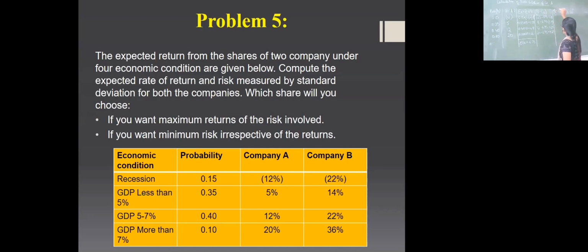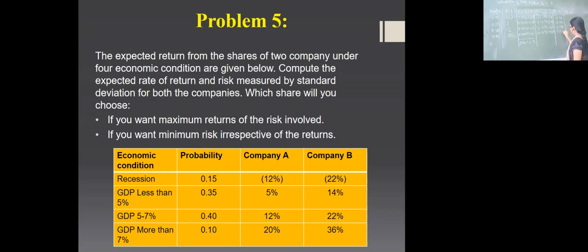Next column, RI minus ER square. 5.25 square is 27.56. 1.75 square is 3.06. 5.25 again gives 27.56. 13.25 square is 175.56.